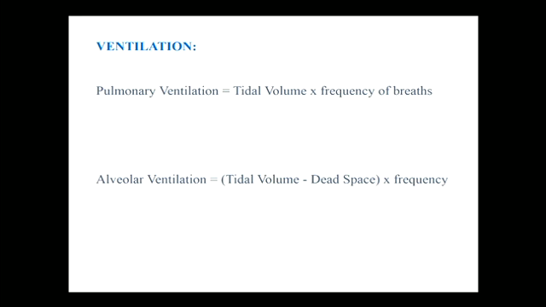And that's all good and well, and I'll put values to that in a second, but it clinically hasn't a lot of relevance. What's much more important clinically is something called alveolar ventilation, because that says how much fresh air do you get in and out of your alveoli per minute. Why do I make that distinction? Because the alveoli are the sites of gas exchange, and that's kind of why we breathe, to get air from the atmosphere into our alveoli so it can participate in gas exchange.